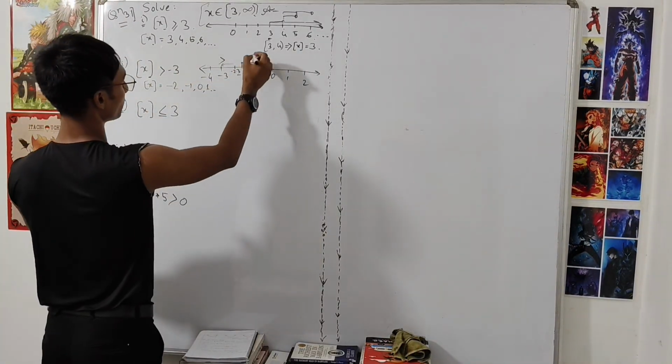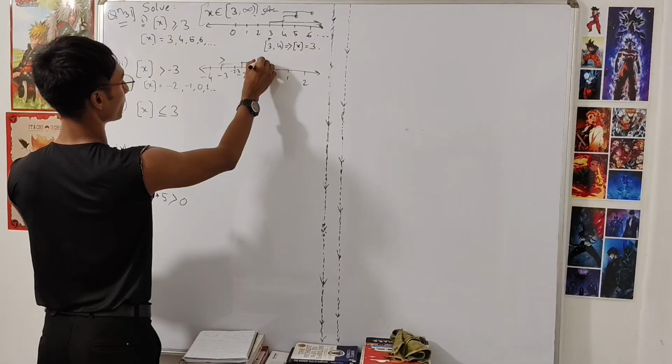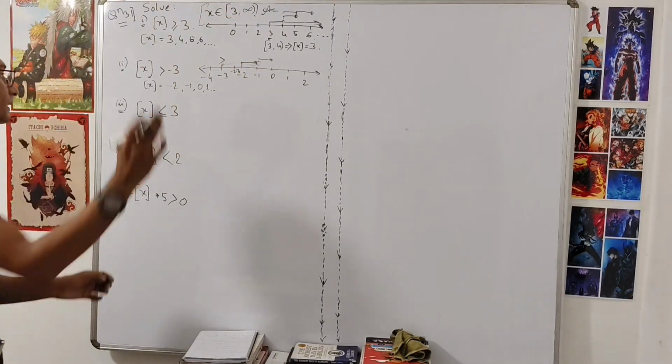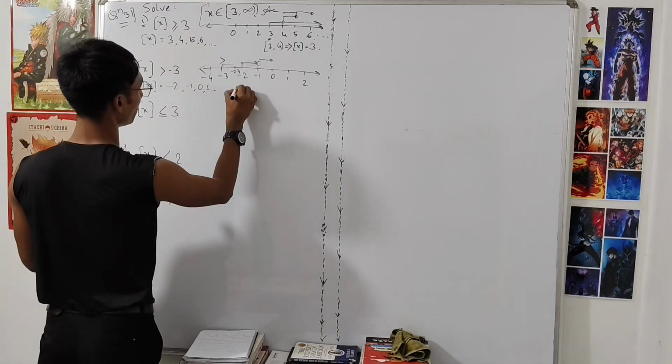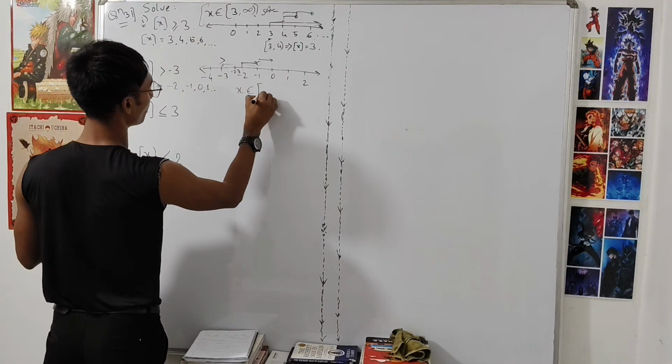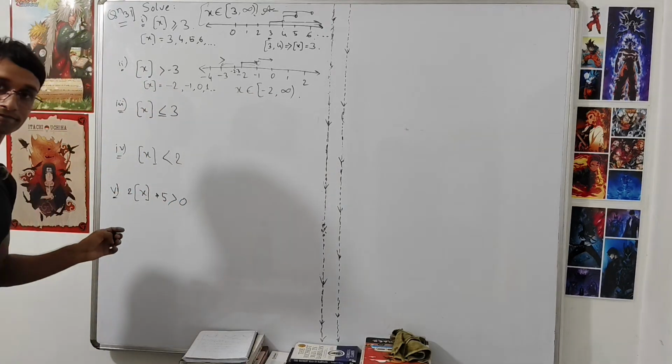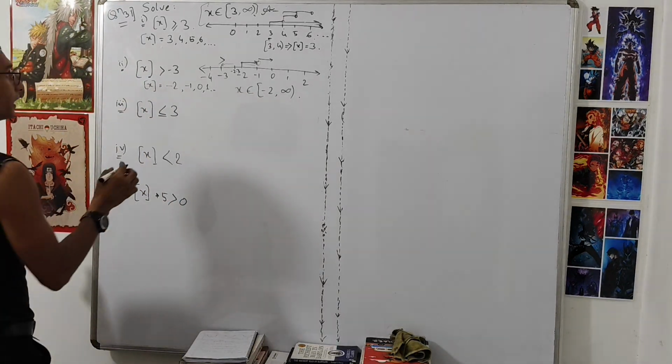Okay, so here it will be like open करेंगे तो -2, and then also in the same way like this. So the domain of x in this case starts from -2 and goes to infinity. I hope it's clear too.